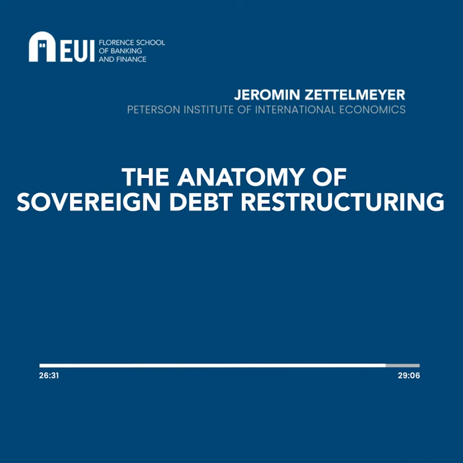So the first one, the holdout problem, you can address by having the so-called single limb collective action clause that I just discussed, and that will happen from 2022 onwards. So that, in principle, should be underway, even though it will take some time.